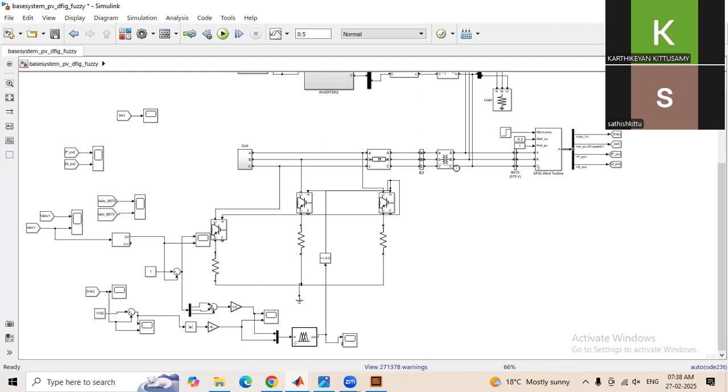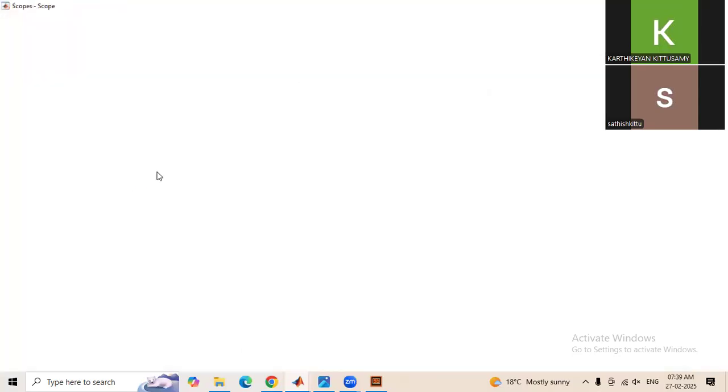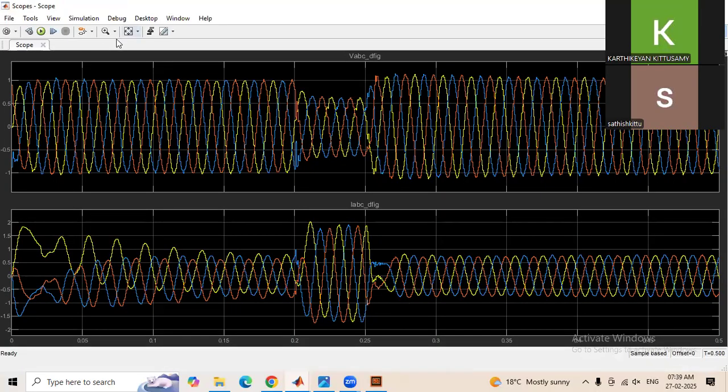This will not compensate the fault. It will just create the alternate path in order to safeguard the components. This is the DFIG voltage and current.